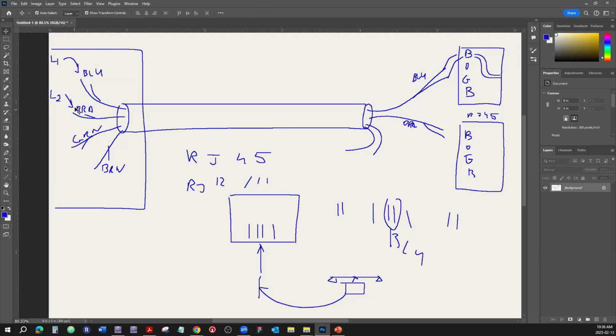So even though you are connecting line 2 to the orange pair and it's connected all the way through and comes out the other end, in order for us to convey a phone signal onto this jack, that orange pair still has to be connected to the blue pair of this jack, because that's where the phone cord is going to be looking for the signal.